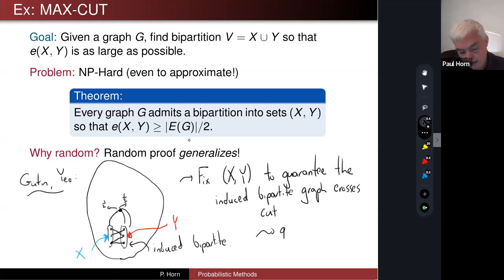And now I guarantee more edges. And I can always find at least some induced bipartite graph.